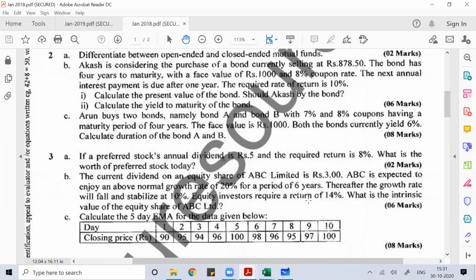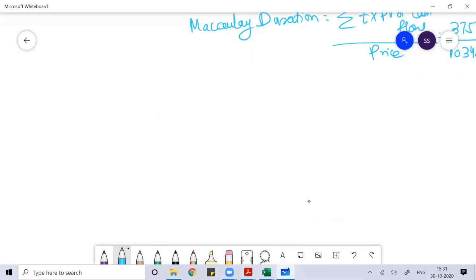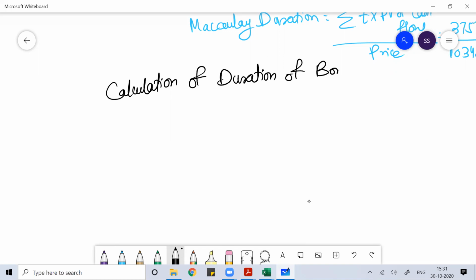For the first bond, the coupon was 7%. For the second bond, the coupon is 8%. Rest everything remains the same. So the calculation of duration of bond B.